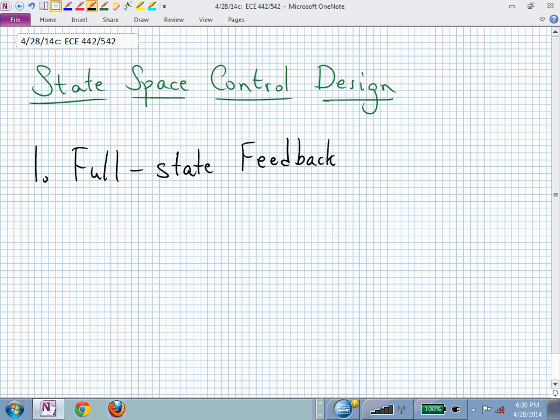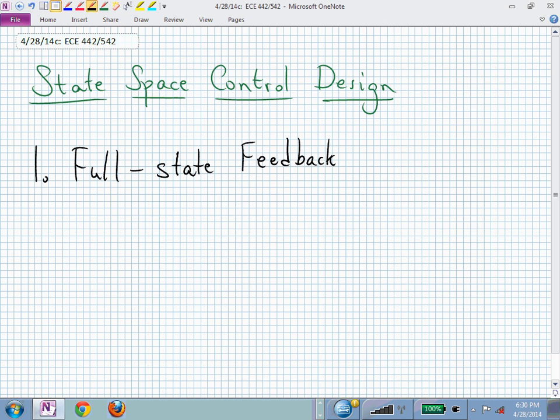And you're going, what is that? How does that compare with what we've been doing? What we've been doing, what have we been grabbing and feeding that signal back? What is it that we've grabbed in our block diagram? The output, isn't it?